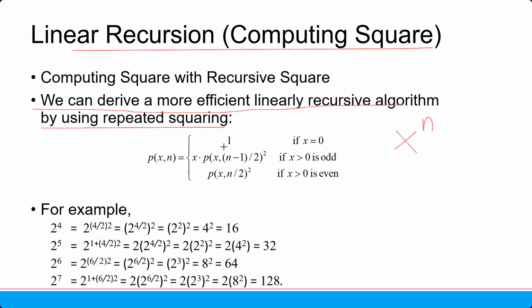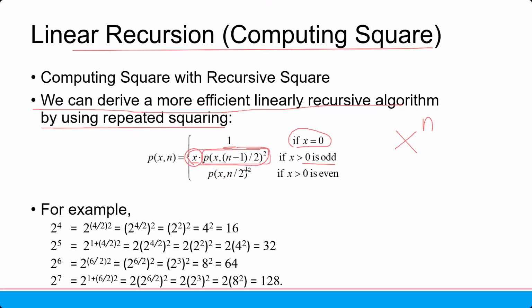Repeated squaring means: if the exponent is 0, then return 1. If it is higher than 0 and odd, then you can use this formula by taking one x out of the exponent.